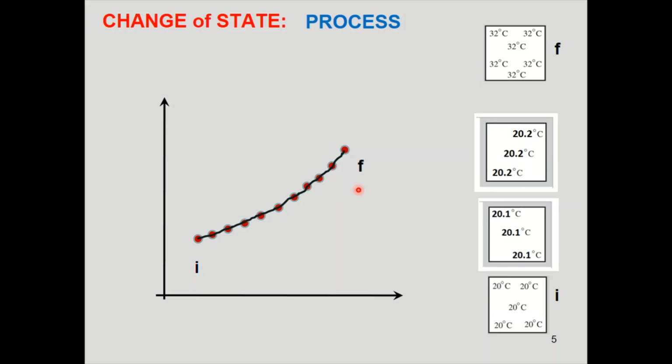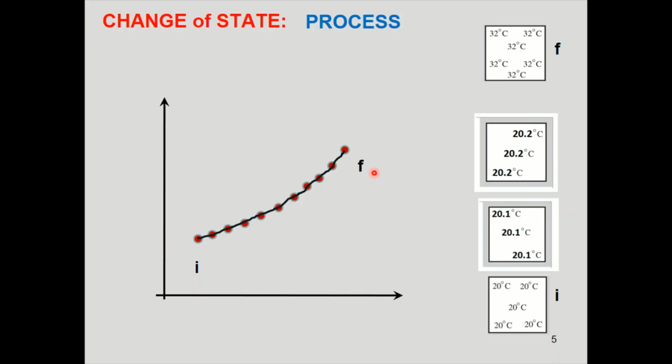Like, there is one isothermal process. Isothermal is not yet discussed. Iso means equal, thermal means temperature. Equal temperature means temperature constant. Say when a process is taking place, temperature remains constant.